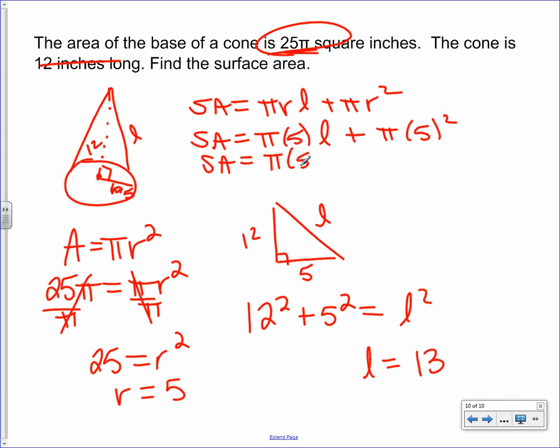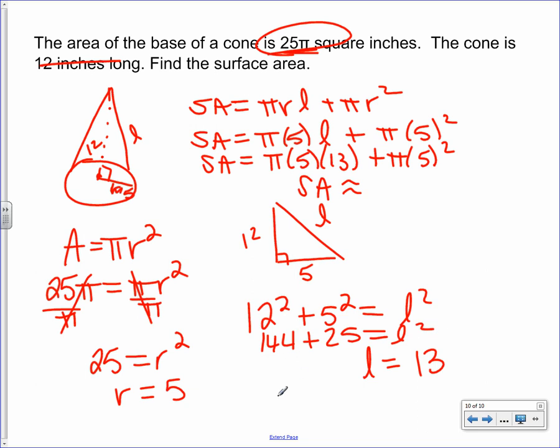When you get 13, let's plug it in. The pi, the 5, the 13, plus the pi. You can do 5 squared, you can do 25, whatever you want. How'd you get 13? What's 12 squared? What's 5 squared? What is 144 plus 25? How do you get L alone? Take the square root of 169, and you should get 13.